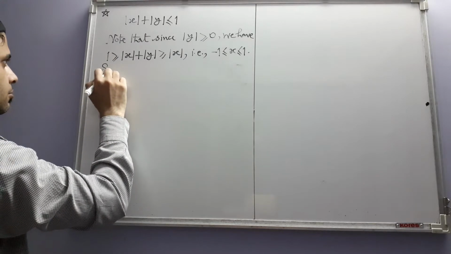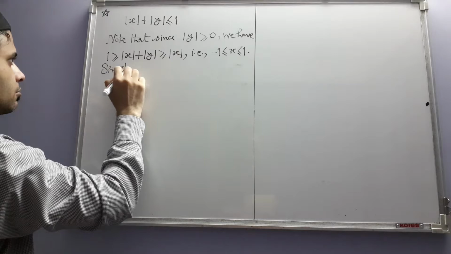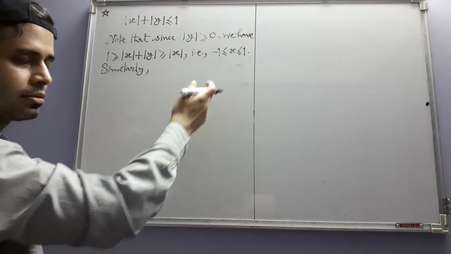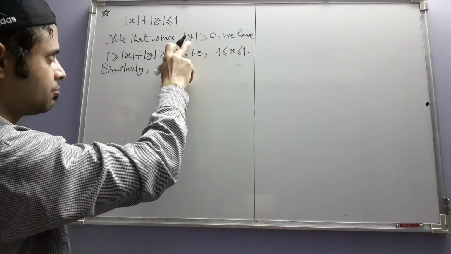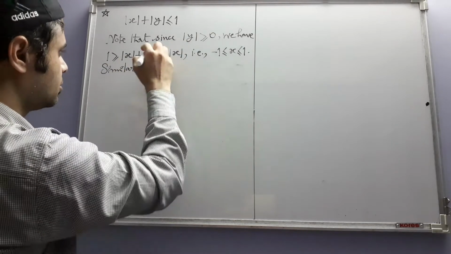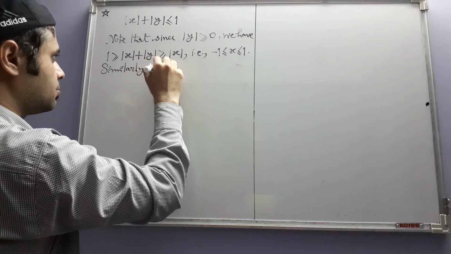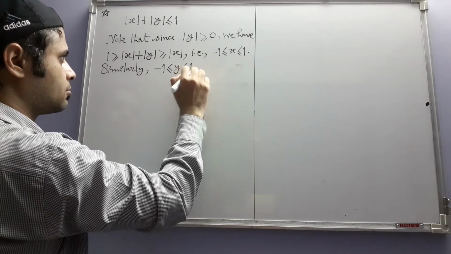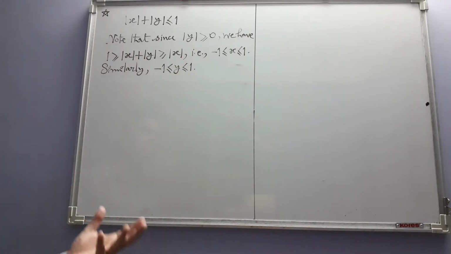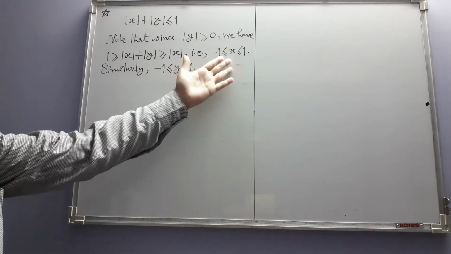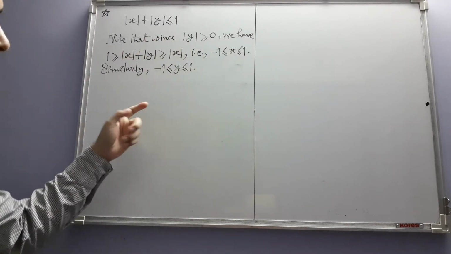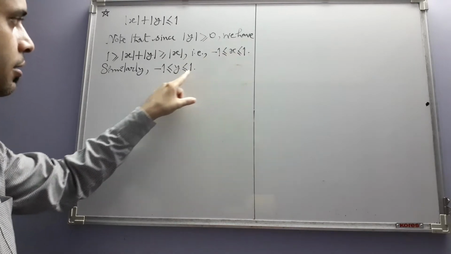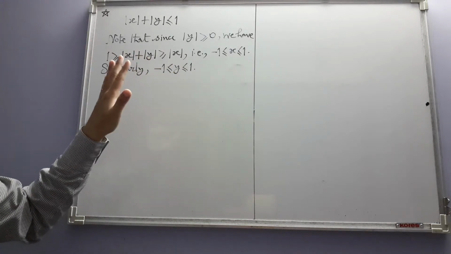Similarly, using the fact that absolute value of x is greater than or equal to 0, whatever we have done with y we can also do with x, and our conclusion will be this. So this gives us a rough idea of the bounds of x and y. X must lie between -1 and 1, and y also must lie between -1 and 1.